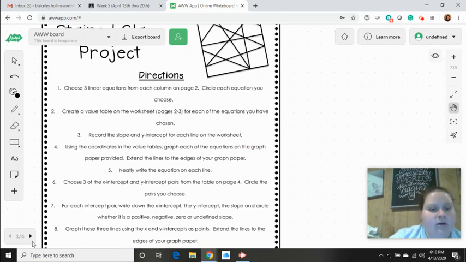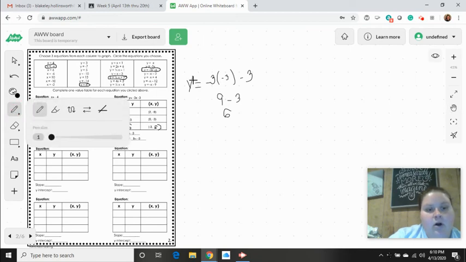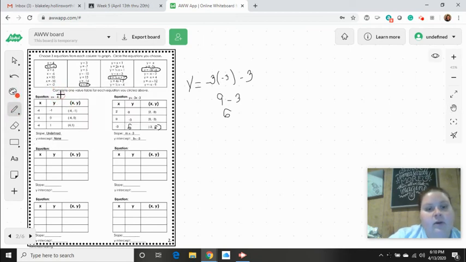Okay, let me show you how to do the y-intercept for this one. So this is called slope-intercept form. Okay, our slope is in front of the x. So this is our slope.